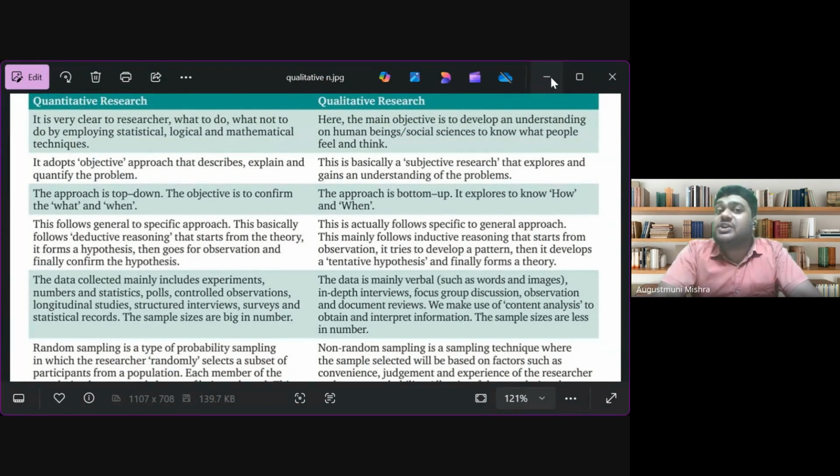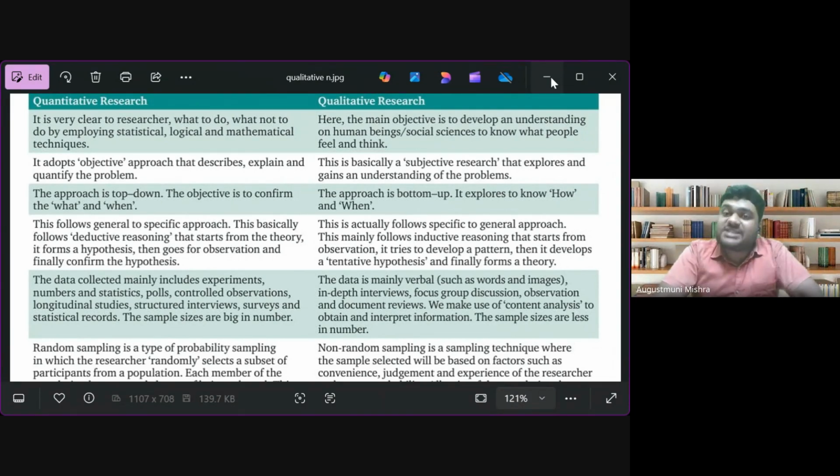But when we talk about qualitative research, the main objective is to develop an understanding of human beings, or social sciences, to know what people feel and think. Yesterday we talked about how, if you want to measure human behavior with the help of facts, figures, and numbers, that is not possible.